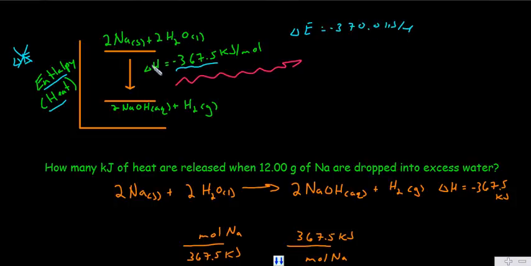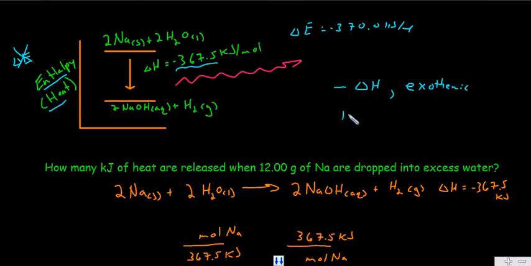This delta H, you see that it's negative. As our reactants fall in enthalpy or heat while they turn into products, they will release energy. When you have a negative delta H, that means you're releasing energy. That means you have an exothermic reaction.